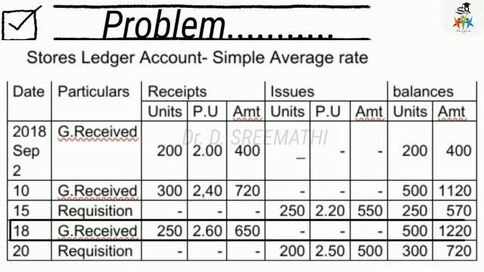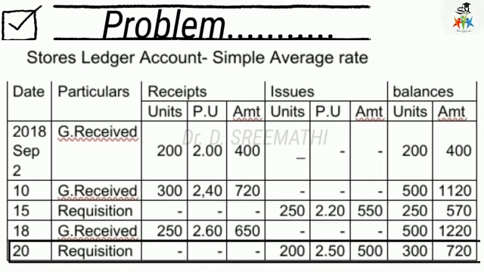Then again goods are received on 18/9/2008, 250 units at 2 rupees 60 paise per unit, so the value is 650. The balance here is 250 plus 250, total 500 units, and 570 plus 650, total 1220. Then on 29/9/2008 there is an issue of 200 units.